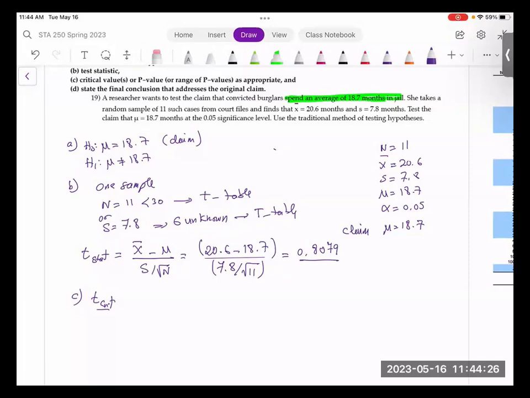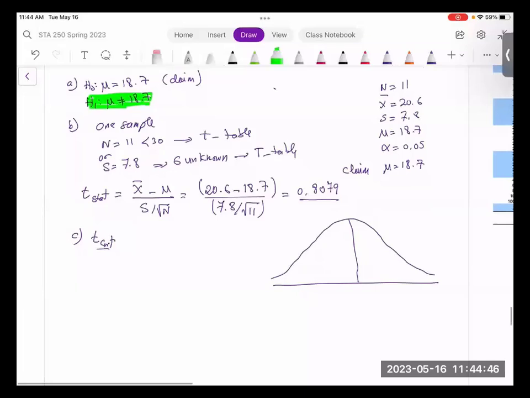So I want to graph the bell shape here, and I'm going to graph this statement H1, always H1, right? So H1 is different than 18.7. It means there are two tails, some of it here and some of it here.